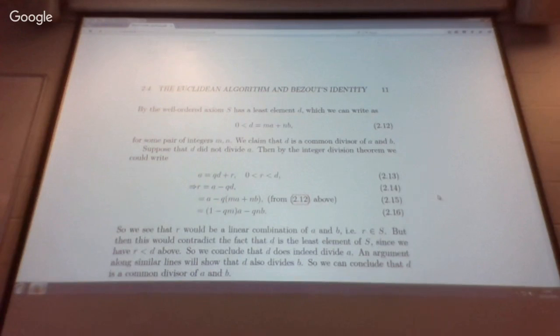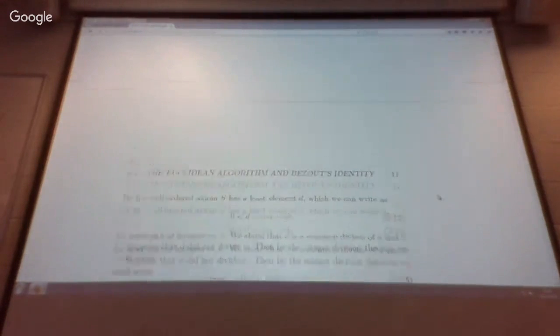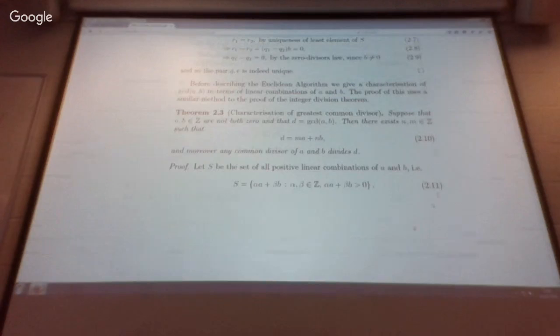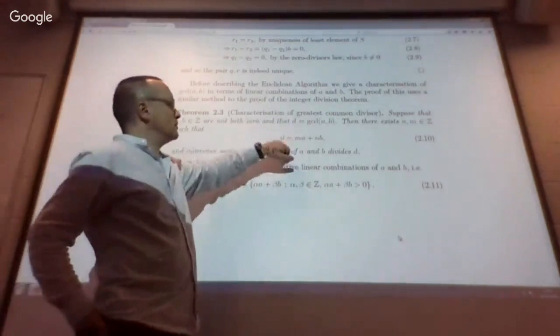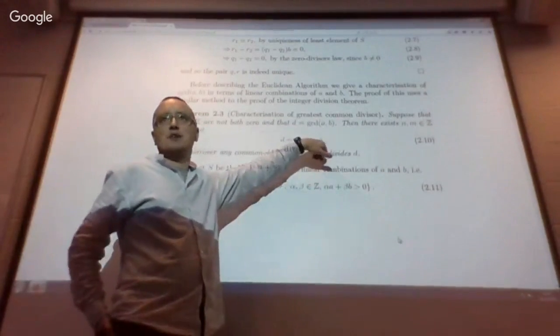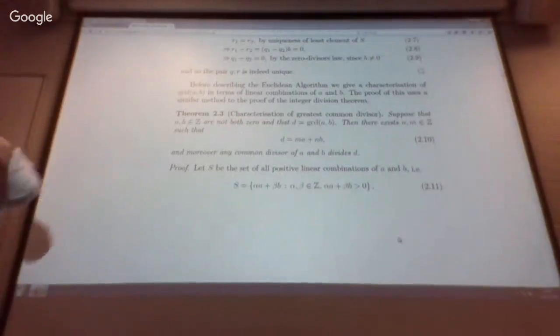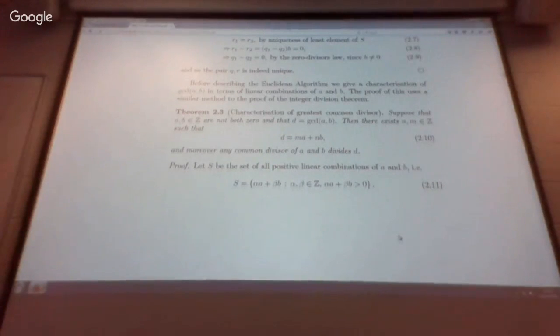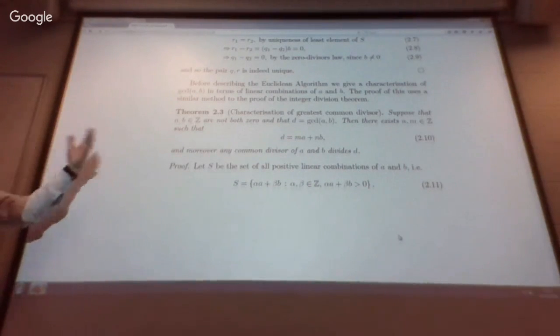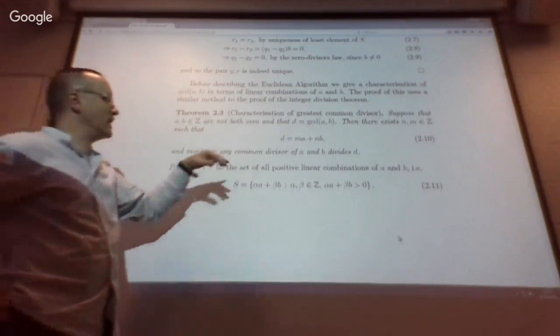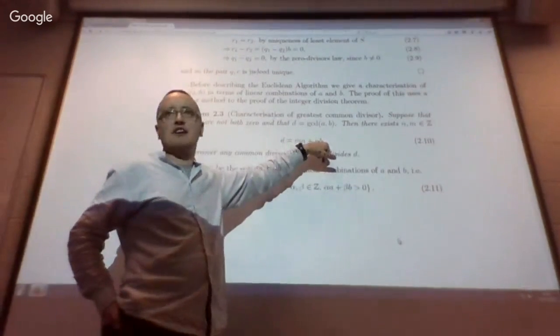One thing that's significant from this proof is it's a good example of what's known as an existence proof, as opposed to a constructive proof. So the theorem says that the greatest common divisor can always be written as a linear combination of A and B. Now you might have hoped that at the end of this it would tell you how to find the M and the N. It might give you a method or an algorithm to find what the correct M is and what the correct N is.